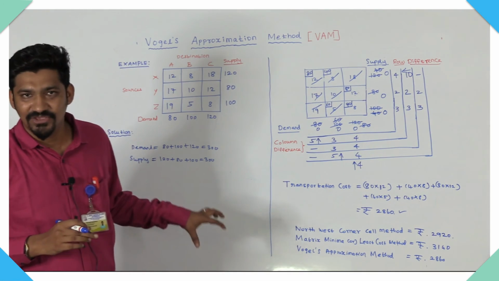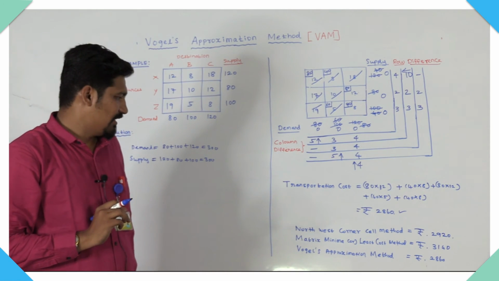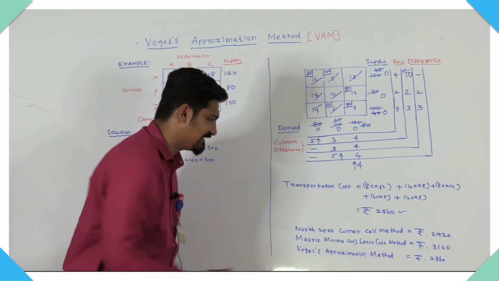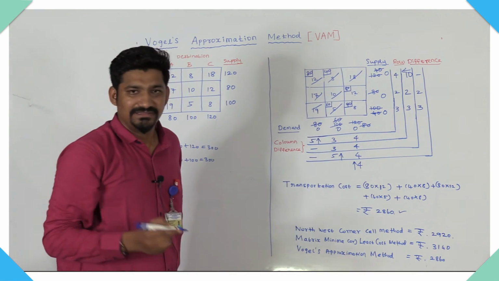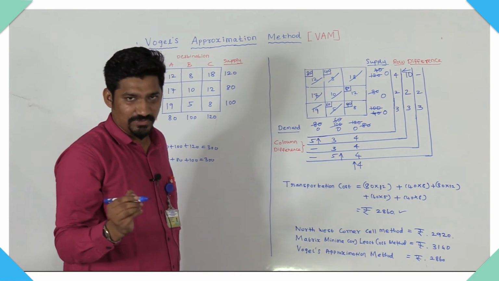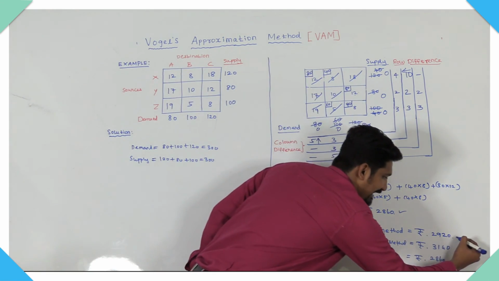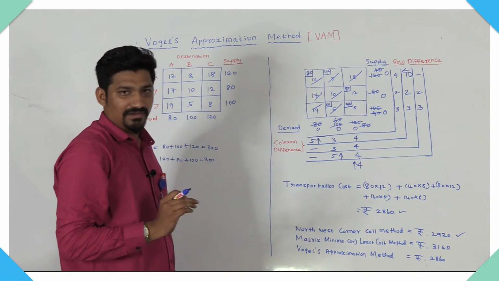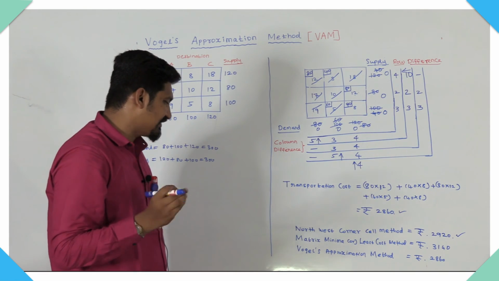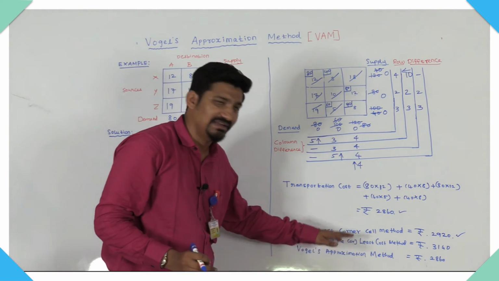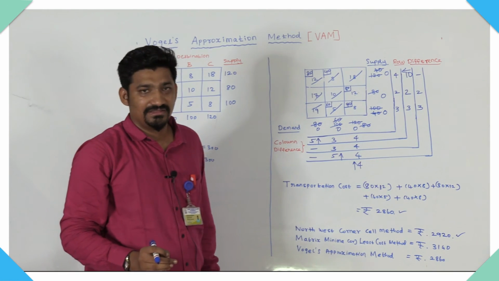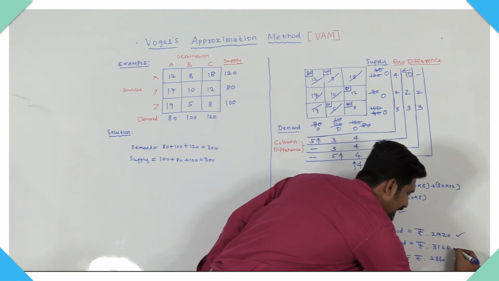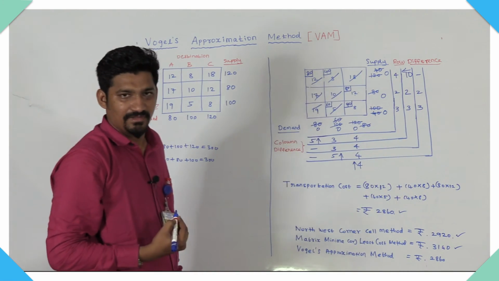In the same given problem, if you solve with the northwest corner cell method, then you will get the total transportation cost 2,920 rupees. Or if you solve with the matrix minima or least cost method, then you will get the transportation cost 3,140 rupees.